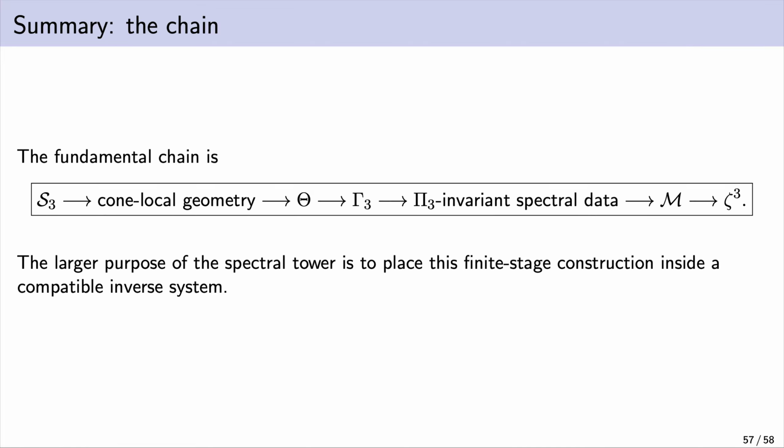And in summary, we have this chain, which is pretty fundamental to the full framework: S3 to cone local geometry to theta to gamma 3 to pi 3 invariant spectral data, and then Mellin transform to get point in zeta 3. And the larger purpose of the spectral tower is to place this finite stage construction inside a compatible inverse system.